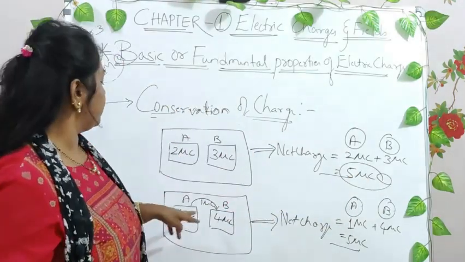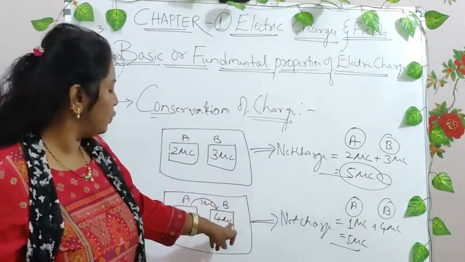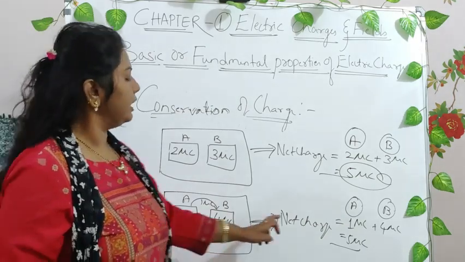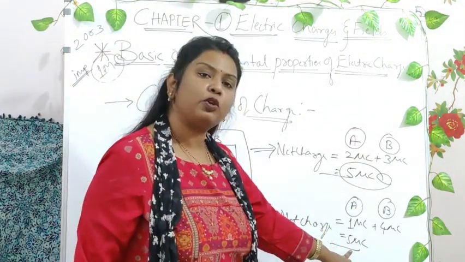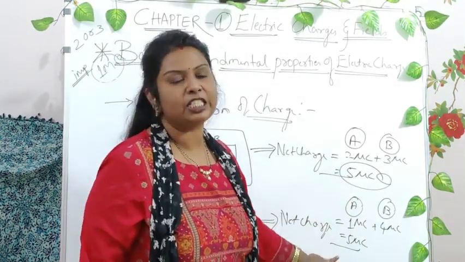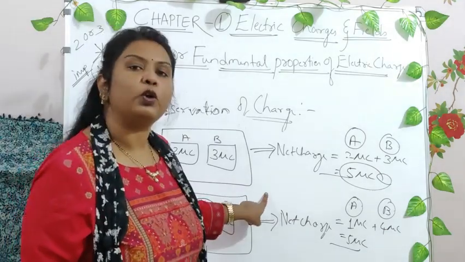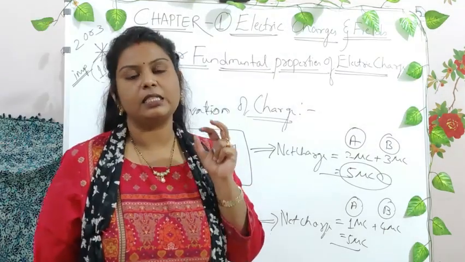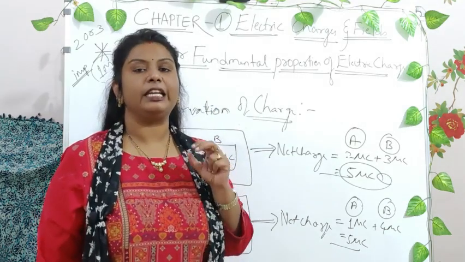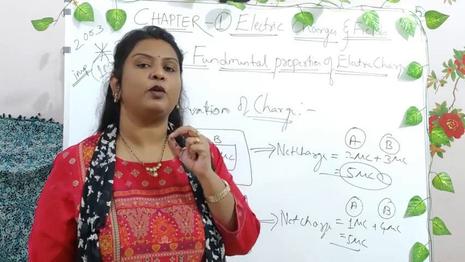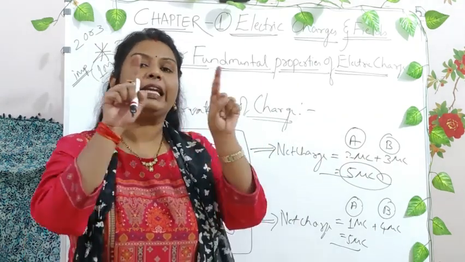In the next case, when 1 microcoulomb of charge was given to system B, even then the net charge remained the same, 5 microcoulomb. In both cases, we had 5 microcoulomb of charge in the isolated system overall. Hence, this process says that charges are conserved in nature. They cannot be created nor destroyed, but can be transferred from one system to another internally in the isolated system.